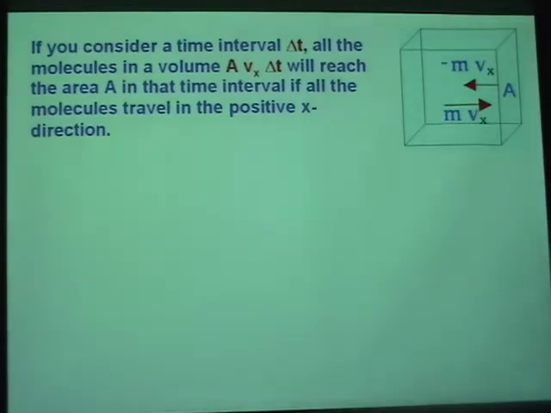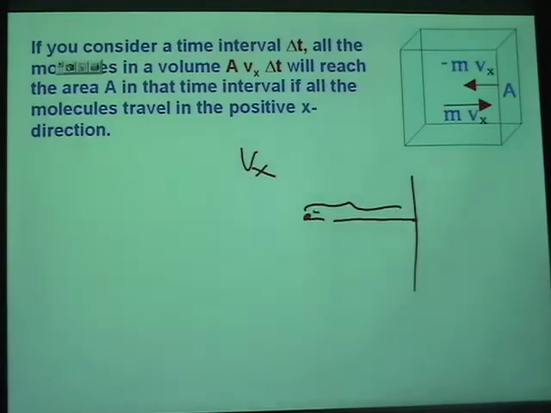You know that if the velocity is Vx, means if a molecule is here and the wall is there, in 1 second this molecule will reach there. That means in 1 second all the molecules in this space. Is that right?